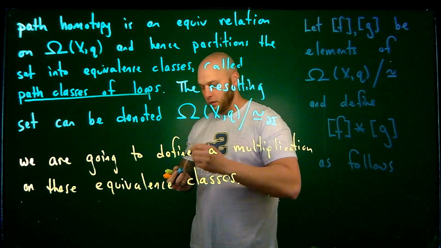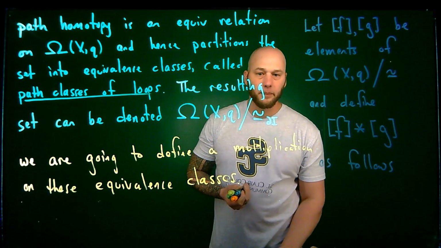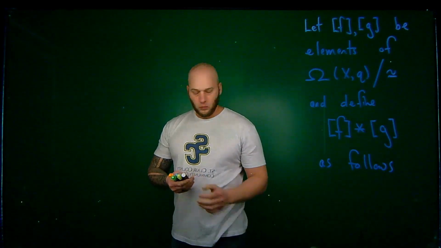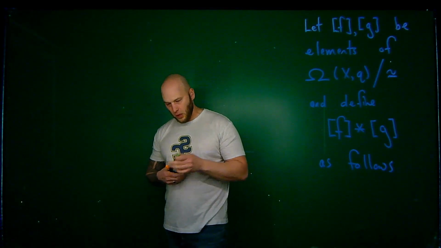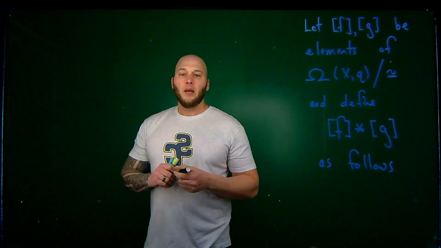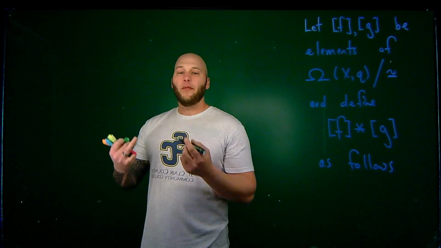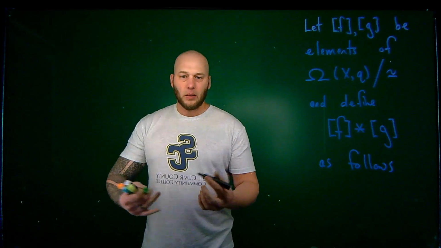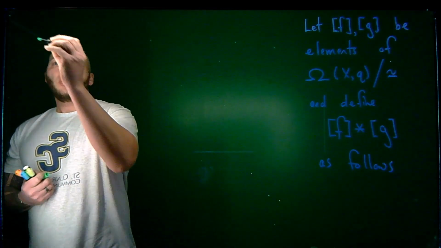Let me clean this up and illustrate how I'm going to define it. I'm going to define this in an informal way using diagrams, and then in a formal way using actual function definitions. So informally.